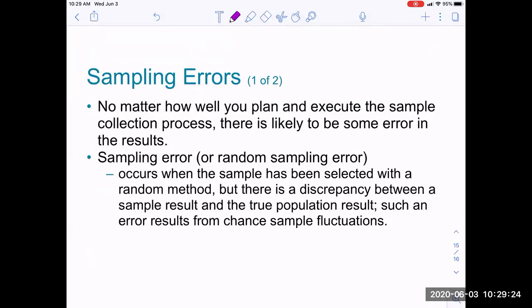Yeah, there's a lot of sampling errors. If you ever go into statistics, you'll take a whole class just on sampling. Usually what happens is not so much this. You can do a random method, but something went wrong between the sample and the population.